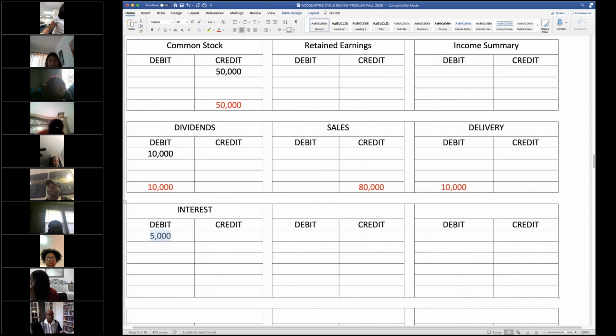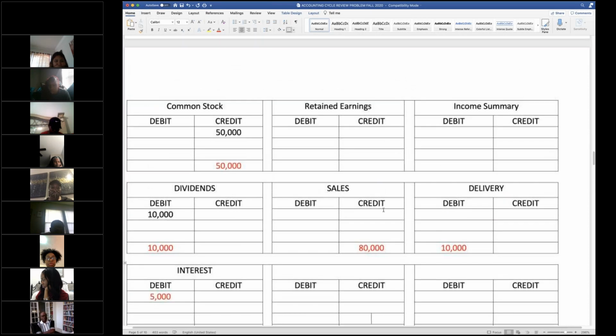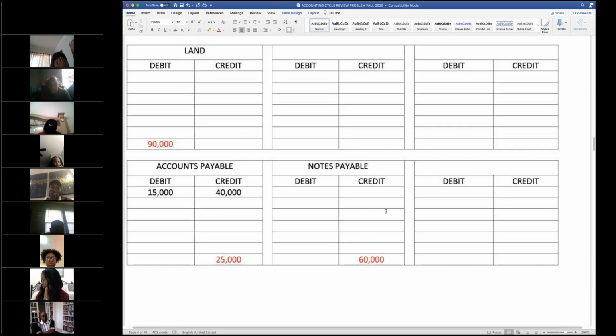So what's your next task? We have to balance it. Dr. Boyd, before we move on to the trial balance, can y'all go back to cash and read the debits and credits, how much I'm supposed to have in each journal entry?